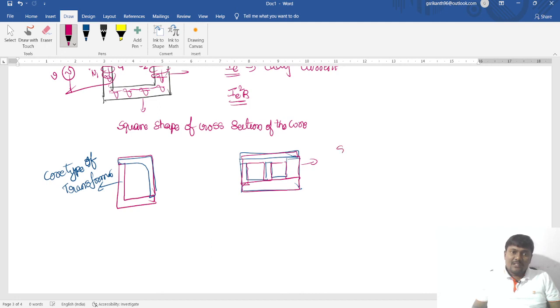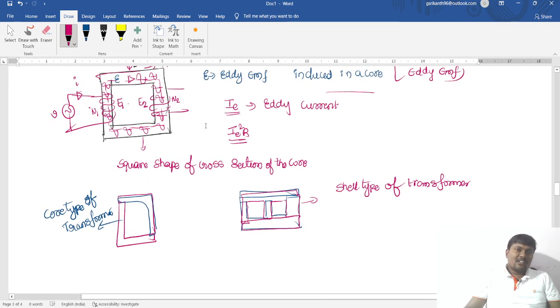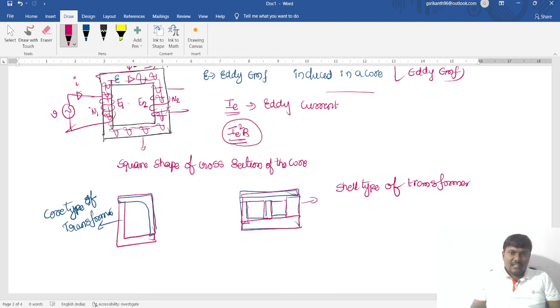This type is called the shell type of transformer. So these eddy current losses are produced here. How can we minimize the eddy current losses?